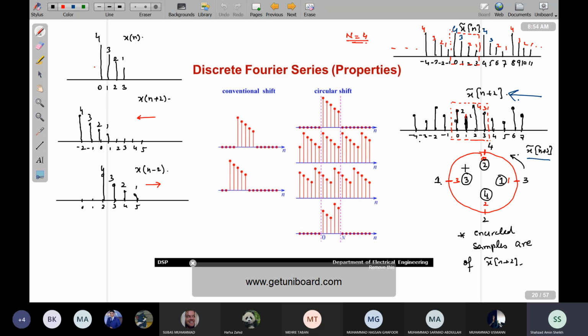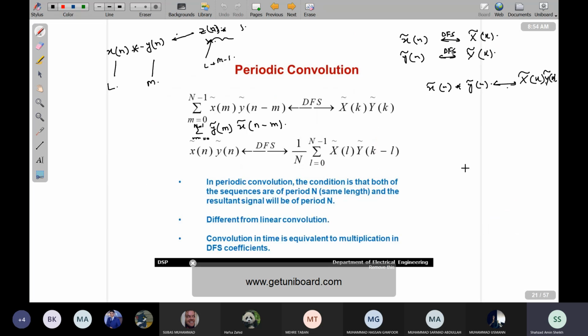So we did this example of how the periodic shift or the circular shift is working, and as a result of that, the convolution operation is changed as well, because for periodic signals we will not be using the simple shifting, because the shifting operation and the flipping operation are inherent in convolution.